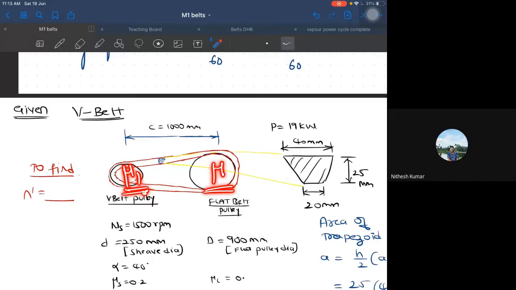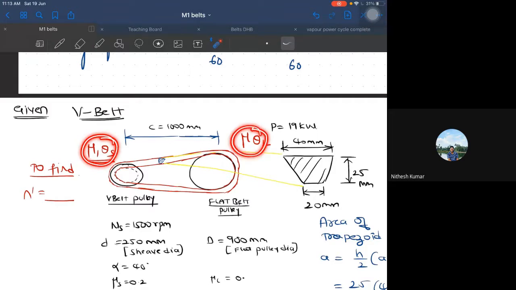You have to calculate the value of mu. Yes, first we have to calculate the value of mu1 into theta s, correct? And next you have to calculate the value of mu into theta l. Then you have to compare these two values. Whichever is the smaller value, that you have to take for the calculation.